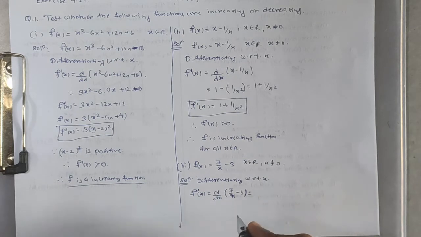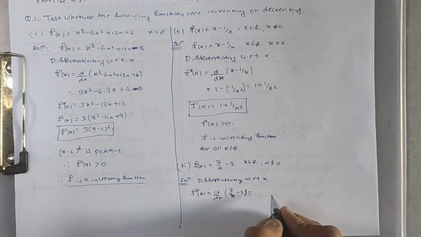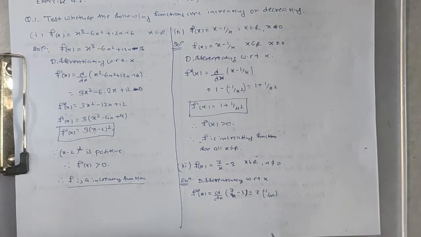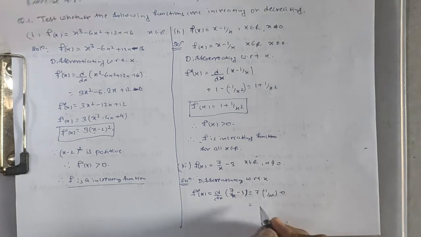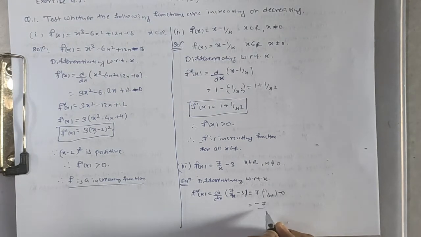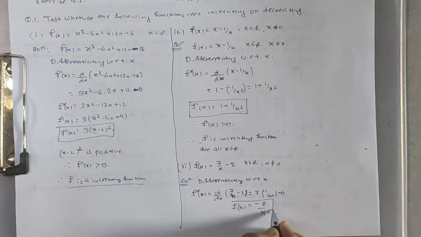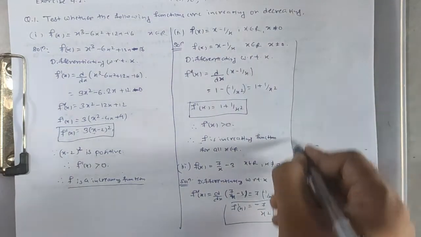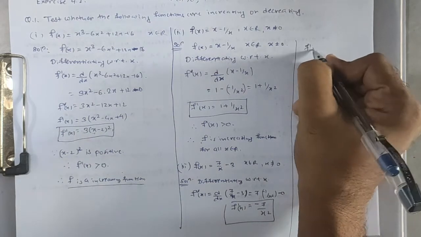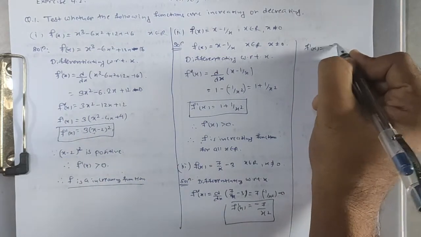The differentiation of 1 by x will be minus 1 by x square, and differentiation of 3 will be 0. So this will be minus 0. So this can be written as minus 7 by x square. This is our f dash of x. If we see on the right hand side, there is a minus sign. Correct? So here f dash of x is negative.